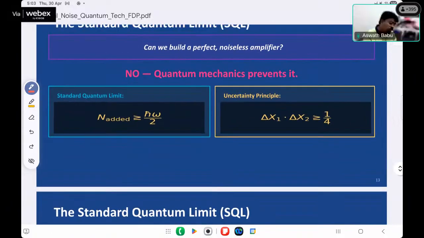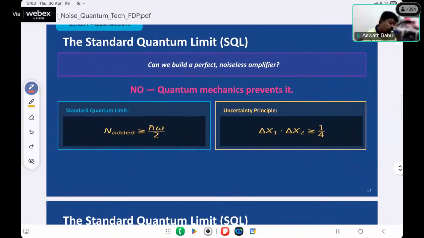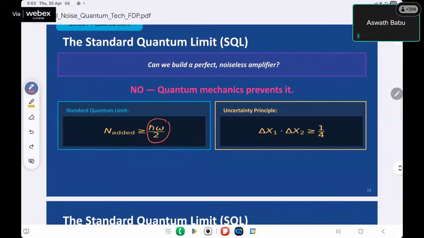Again, coming back to our standard quantum limit, you cannot reduce the oscillation vibrations in the system whose energy cannot be less than h omega by 2. This is going to be added noise in the system, because the system comes with such an initial value of vibrations, noise or disturbance.